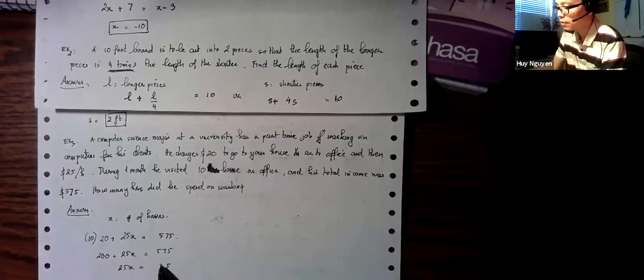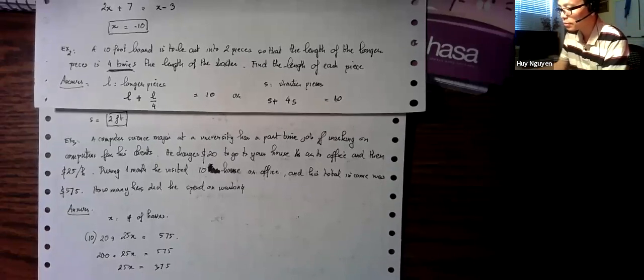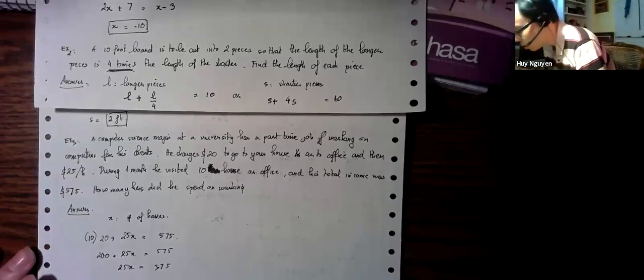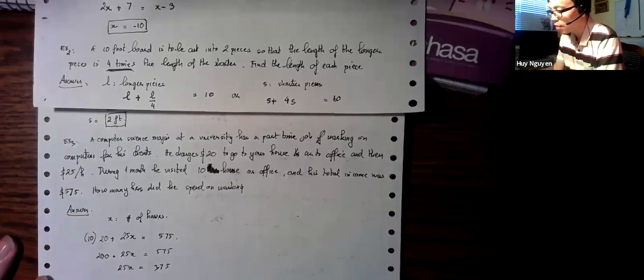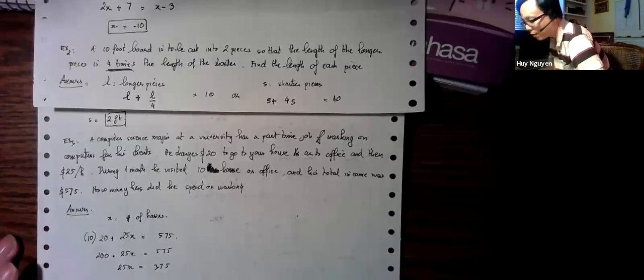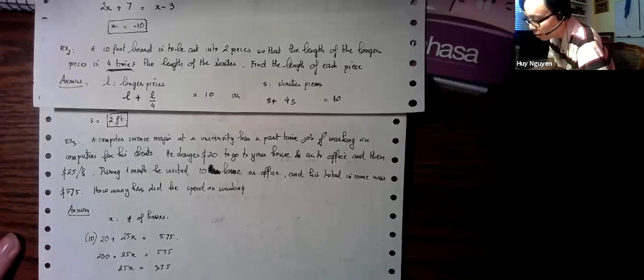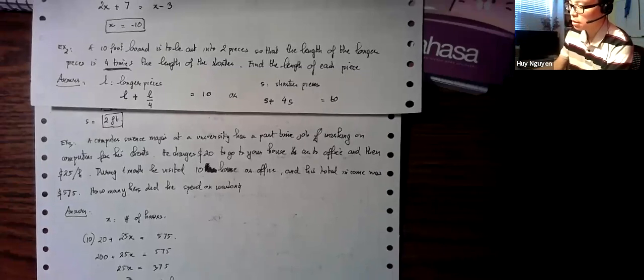So we have 375. 375 divided by 25, which gives you what? 25 goes into 375... so it'll be 15. Yeah, 15 hours. All right.